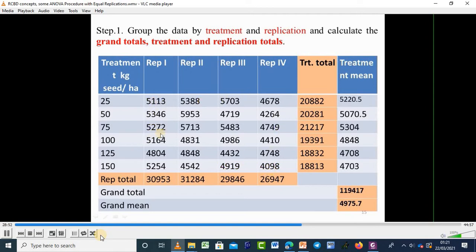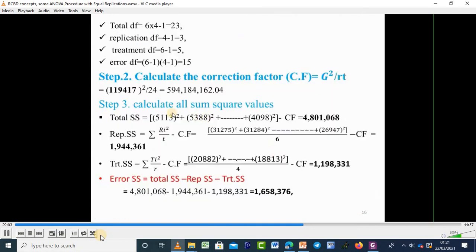All these values are squared and summed up, and then the correction factor is subtracted to get the total sum of squares. After we have squared and summed all observations and subtracted the correction factor, we have this much total sum of squares.